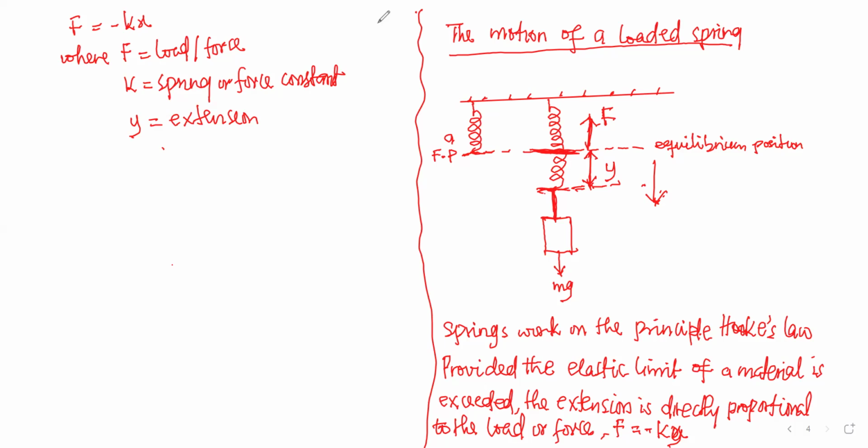And so there's always a force directed to where the equilibrium position is. The equilibrium position is the pen. So when I stretch it and leave it, it is always coming back to where the equilibrium position is. And so the restoring force acts in the direction of the equilibrium position. Please, are we okay? Yes, sir.